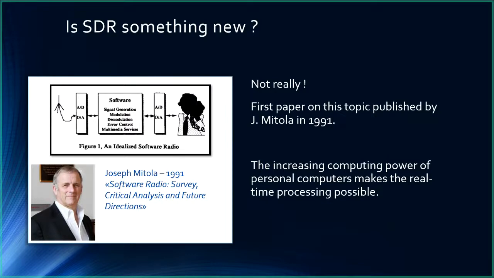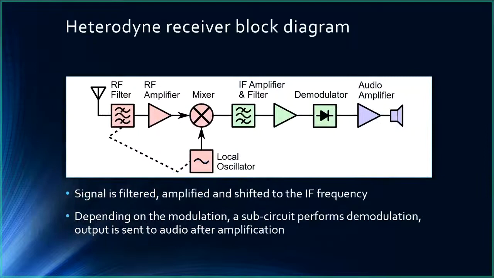So I'm going to now explain a bit more how it works inside. So first, let's start with something that I hope you all know by heart. That's a simple heterodyne receiver block. Basically, you have three main things: a filter at the input, a mixer that is converting the signal of interest to an intermediate frequency, and then a demodulator.